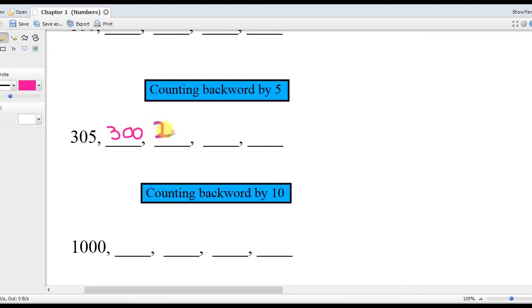After that we'll have 295, then 290, and then we'll have the number 200. And what number comes before 9? That is obviously 8, right? So you'll have 89, 88, 87, 86, and 85, right?